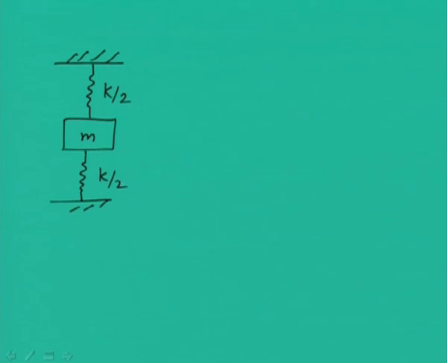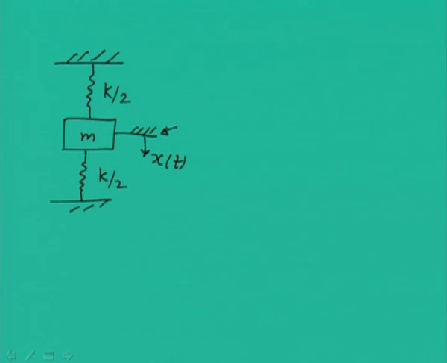If we have, let us say, another system in which the mass is here and it is connected by a spring having stiffness K by 2, and another spring K by 2. So in this particular case, how will we obtain the equation of motion, or how will we obtain the frequency? For this, what we can do is displace this mass from its static equilibrium position.